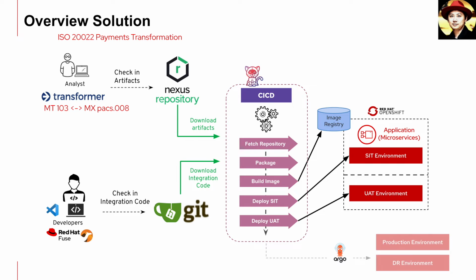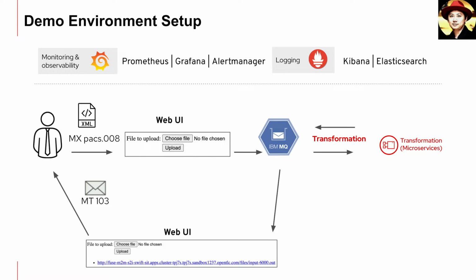It is possible to extend to more environments, and you may explore using Argo CD as well, but I'm not covering this today. If you are interested, you may visit another video in my channel about CI/CD with Tekton and Argo CD. This is my demo environment setup.